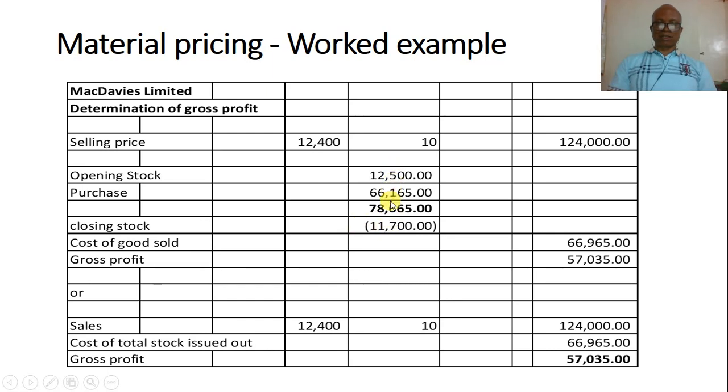So add this together, and what you have minus this, then you have 566,966, and then you have a gross profit. Or just multiply the gross. This total sales of 12,000 will give you 124,000 minus the total cost of stock issued out, which is 66, and then you have the same. You can see that it's tallying, and that shows that you have actually got your answer correctly.